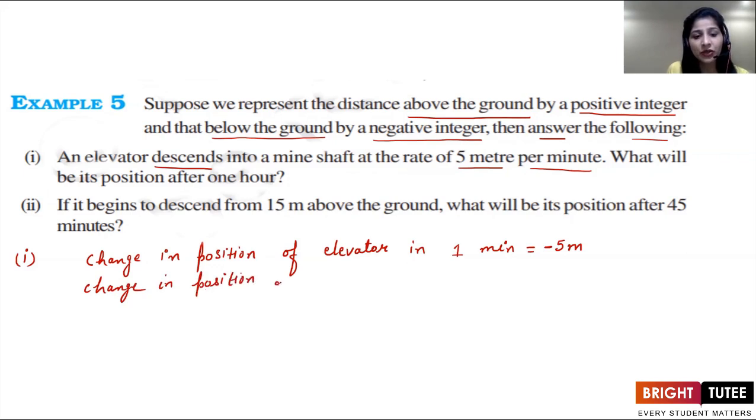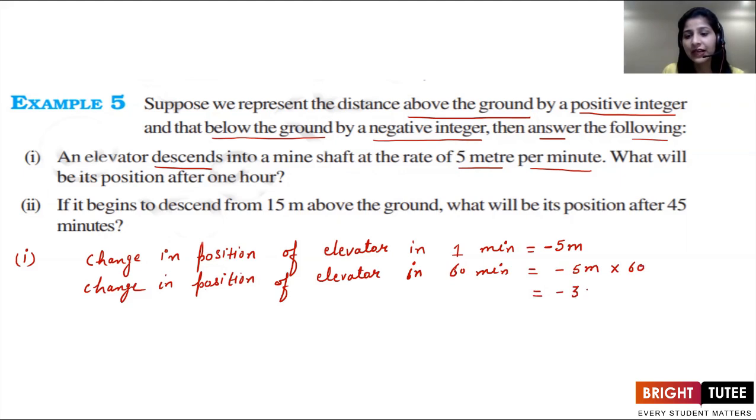We know 1 hour is equal to 60 minutes. So change in position in 60 minutes will be -5 meter multiplied with 60. That gives us -300 meter.